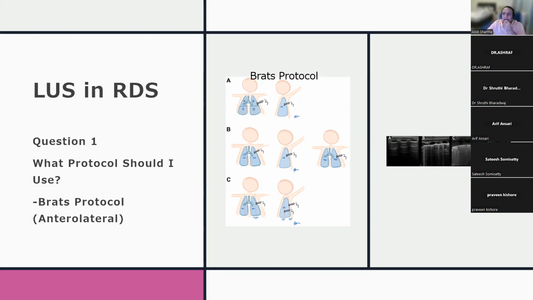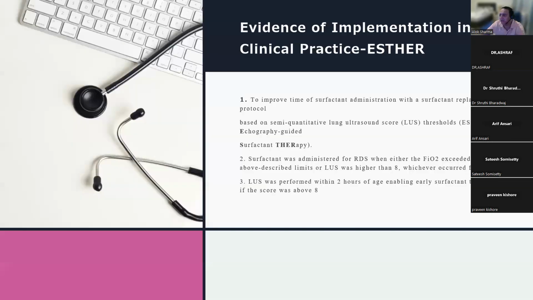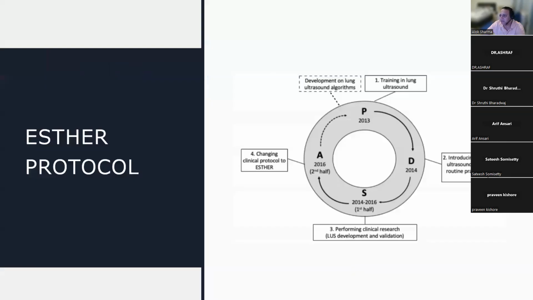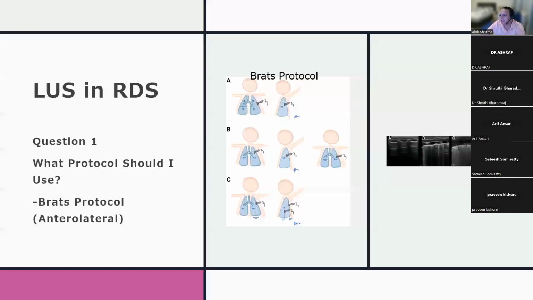Now, that brings me to how we as a group, while we're learning lung ultrasound, want to implement point of care ultrasound in our practice. So what is the current evidence based on all the work that's been done by these studies? And to summarize, I'm going to summarize some very small questions. So what protocol should I use?